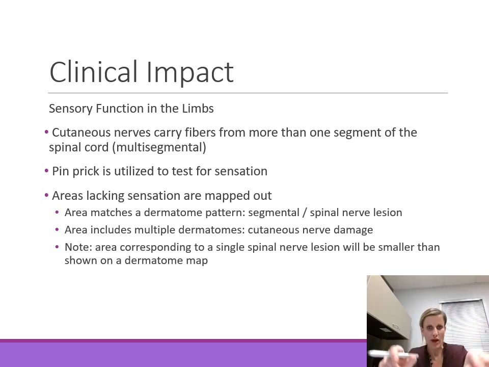So there's kind of a gray area in between each of the dermatomes. So the area that's corresponding to a single spinal nerve lesion will actually be smaller than shown on the dermatome map. Okay, so if the loss of sensation is confined very specifically to the center of a dermatome region, then it's likely that there's a spinal nerve lesion or damage to one spinal segment.